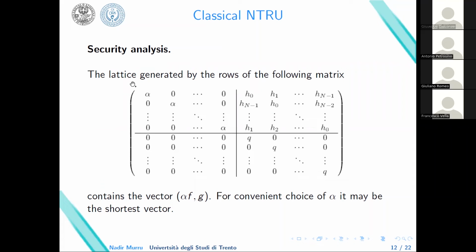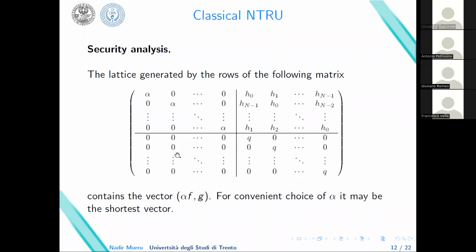It is possible to show that starting from the public key, these are the coefficients of the public key, you can construct this matrix where this alpha is a value chosen in a convenient way.